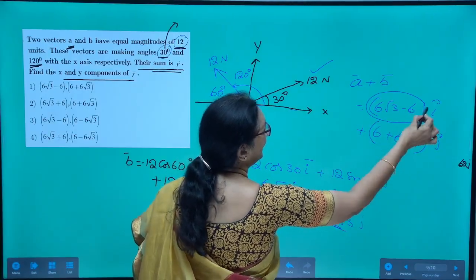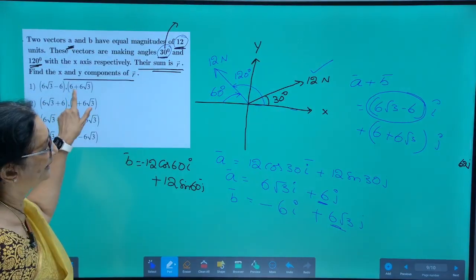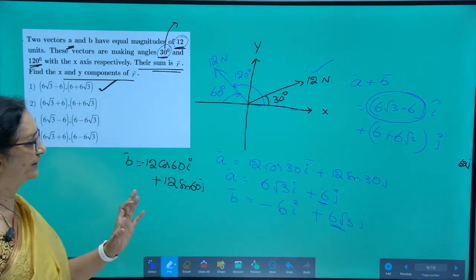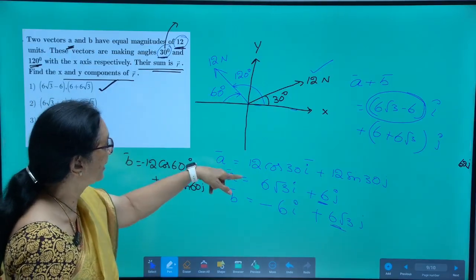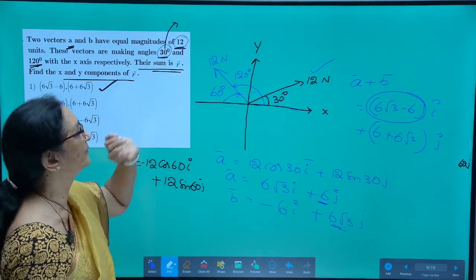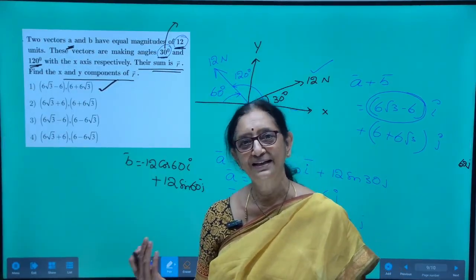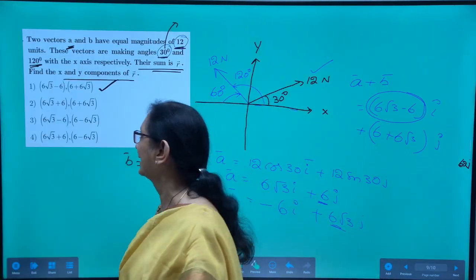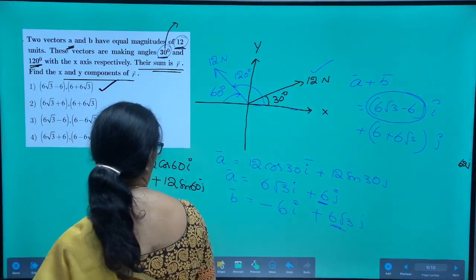X component is 6 root 3 minus 6, y component is 6 plus 6 root 3. First option is perfect. Okay, so while noting down the data, we have to be careful. Here in this case, 12 Newton is making an angle 30 degrees with x-axis, whereas the other force is making 120 degrees with x-axis. Okay, let us go to the next page.